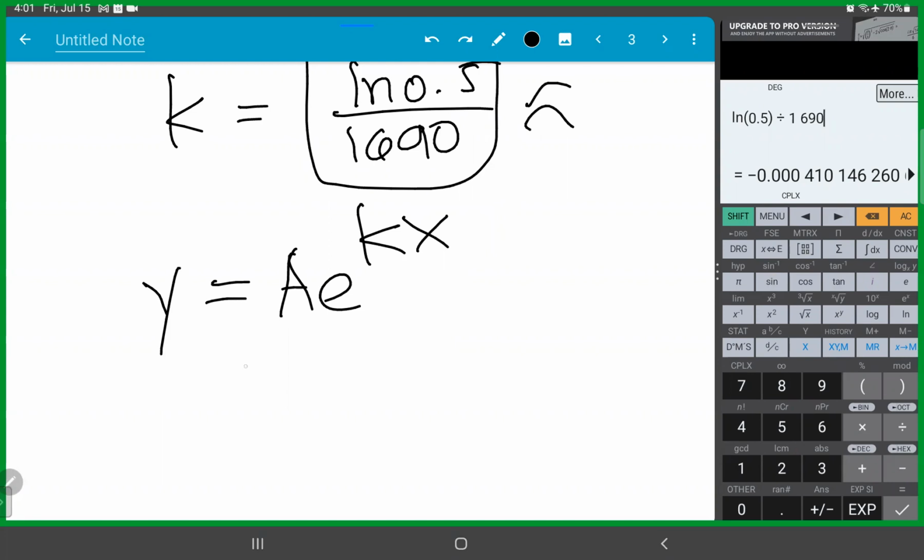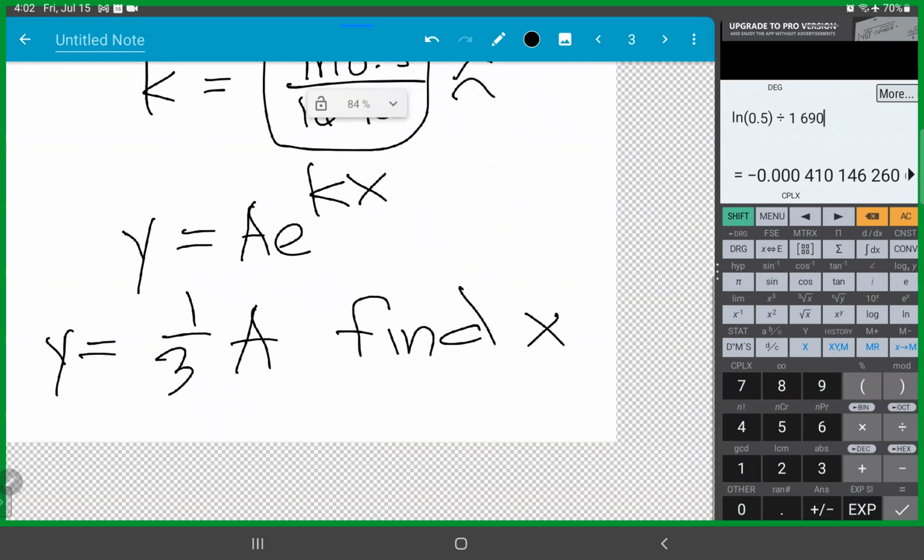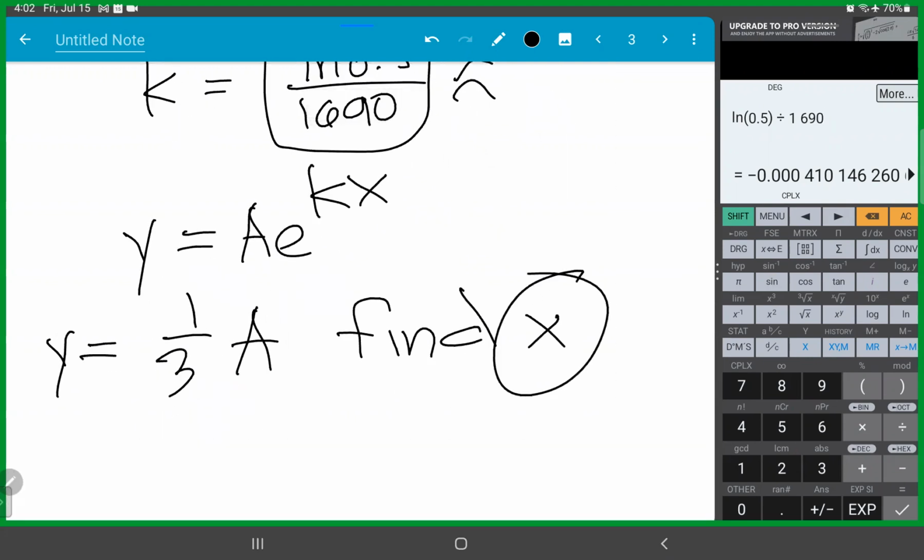Minsan yung iba siniset nila 2/3 of the substance. But since 2/3 ang nag-decay, 1/3, di ba? When 1/3 of the substance is left, how long? 2/3 yung nag-decay, 1/3 yung natira.